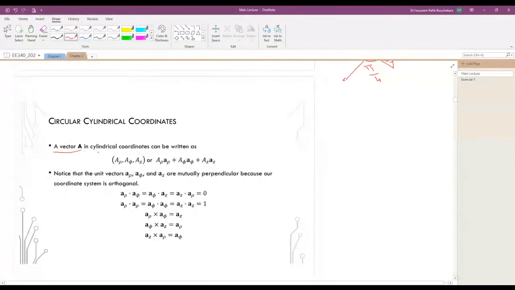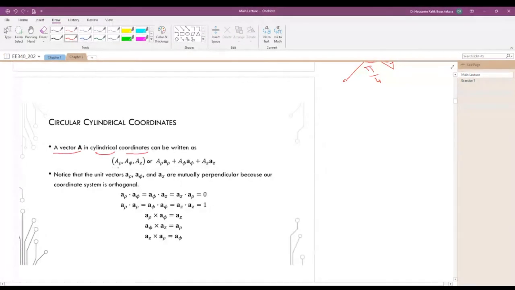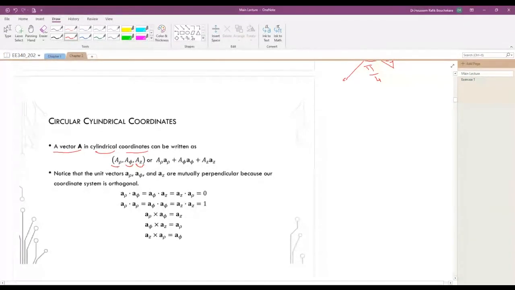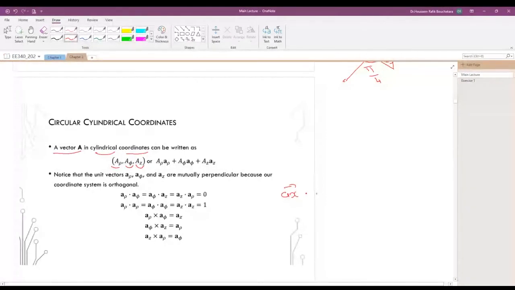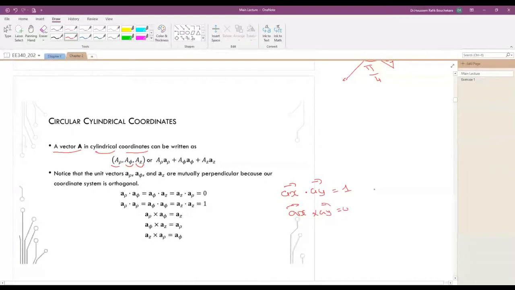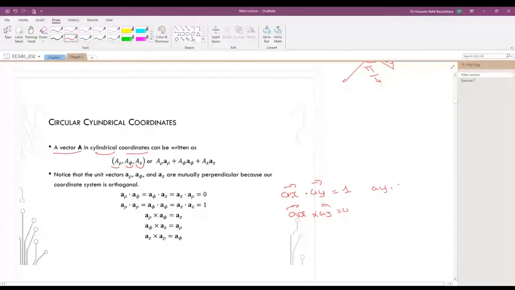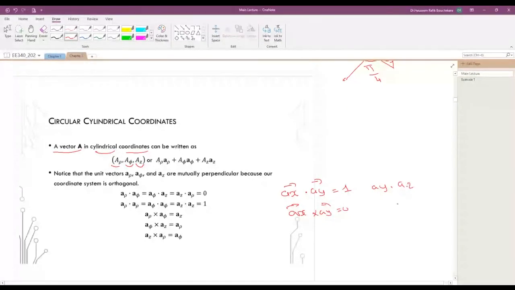Now for a vector to be defined in the cylindrical coordinate system, the components of the vector are a rho, a phi and az. Just like we had for x, if you remember, ax dot ax equals 1 and ax dot ay equals 0, the same for ay with az.